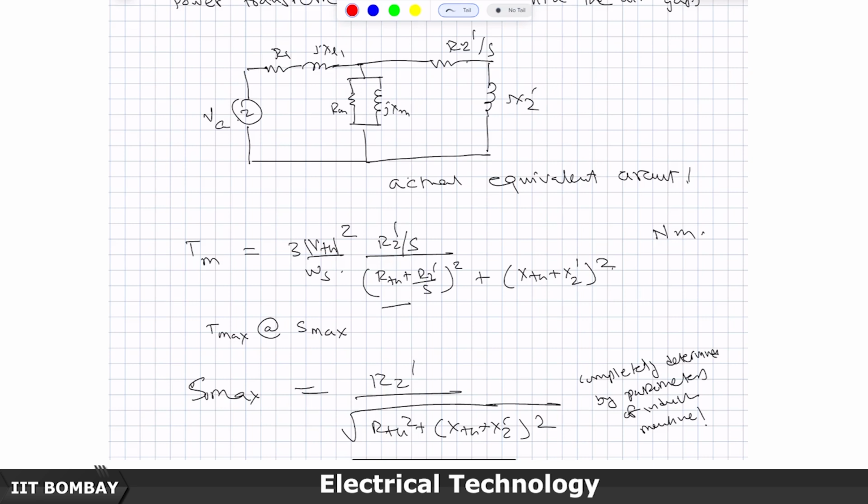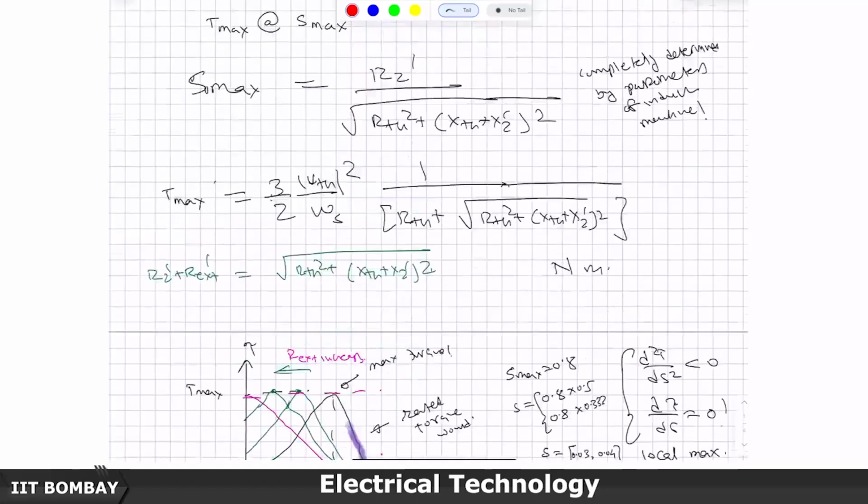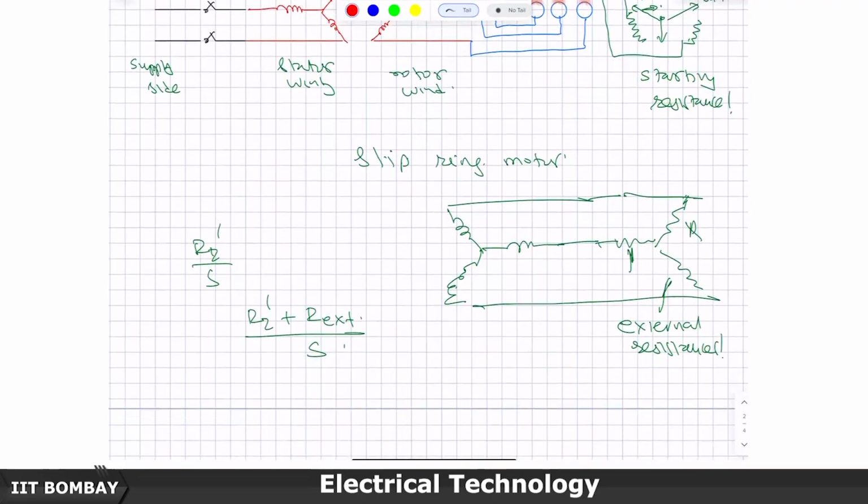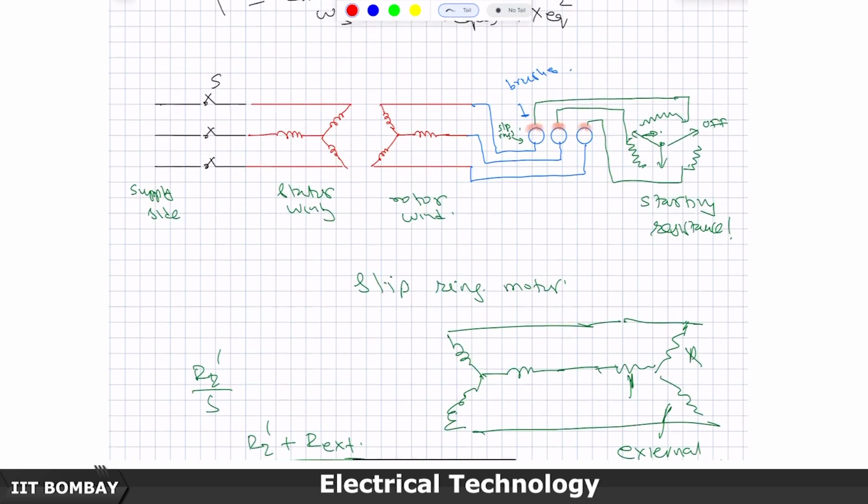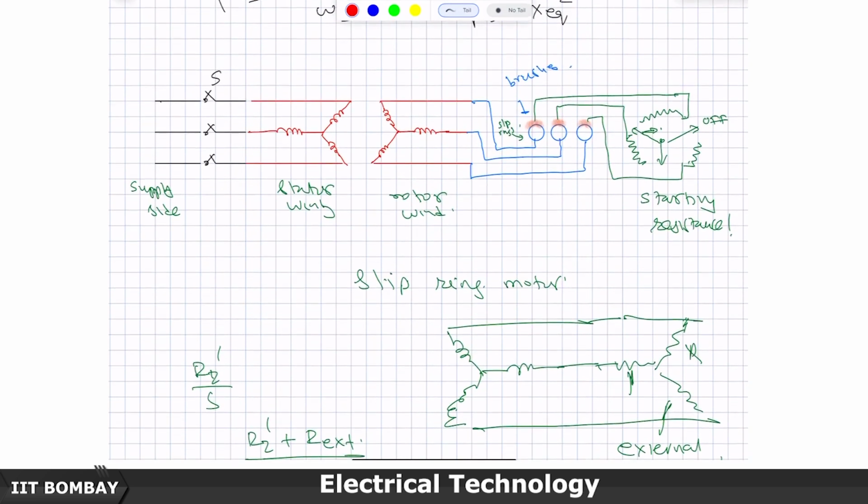So, we should control the current which is flowing into the machine at the point of starting. And if you have a slip ring induction motor, that means not a cage rotor, but 3 separate windings are available to you on the rotor side, then you could have this kind of arrangement that I am discussing, and increase the external resistance in the circuit at the time of starting. This is exactly what will happen when I start it here.